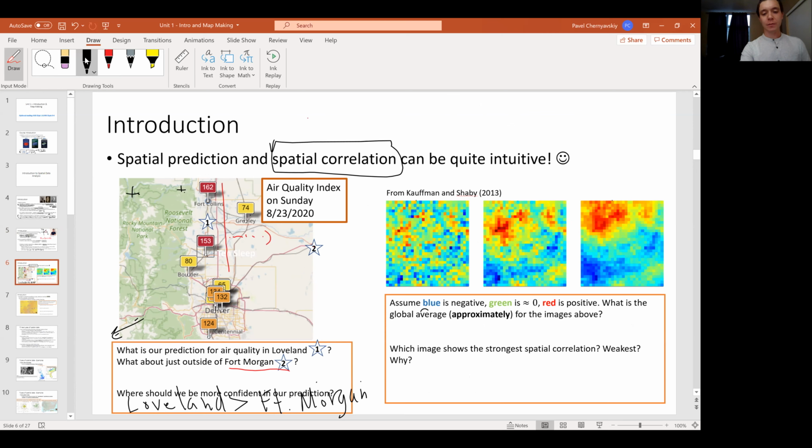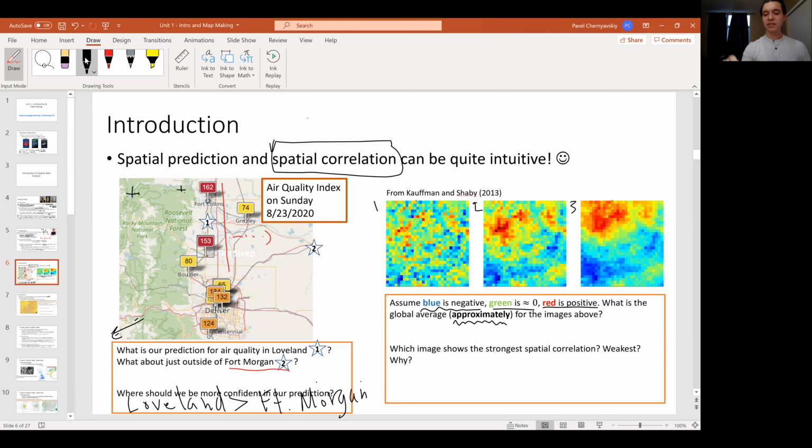Blue is a negative number, and more blue means more negative. Green is about 0, and red is a positive number. More red, more positive. All right, so looking at these 3 panels, what is the global average, approximately, for the images above?